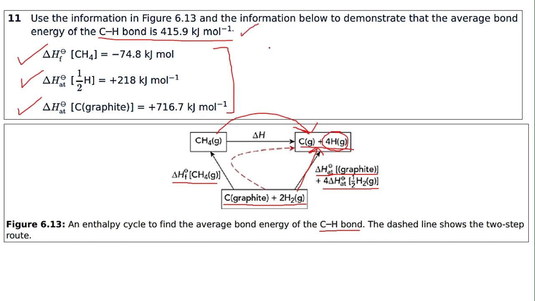So we have to use this cycle and this information given to see that the CH bond energy is actually 415.9. Before finding the CH bond energy, we first of all need this delta H value. It is not given in this information. Only then can we find the CH bond. To find the delta H, we can use our formula that the enthalpy change of the direct route is equal to the enthalpy change of the indirect route.